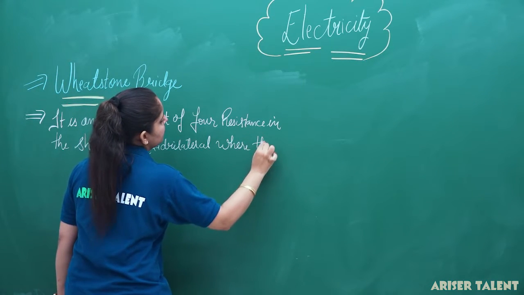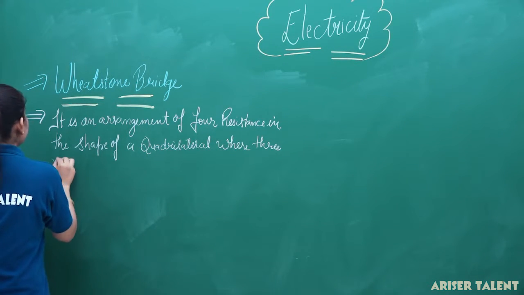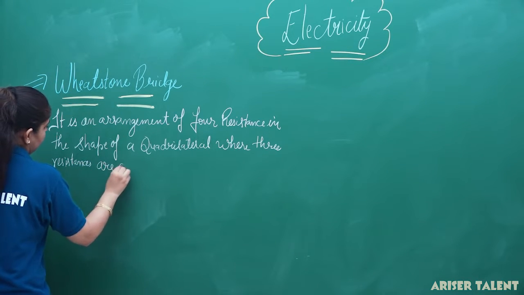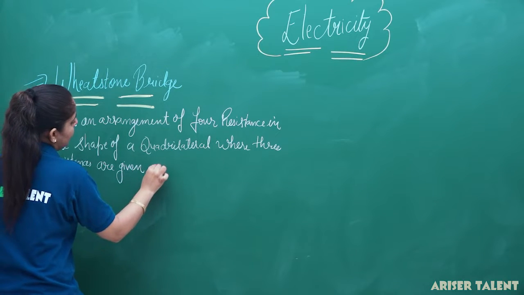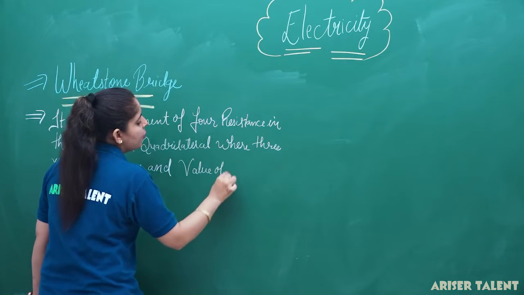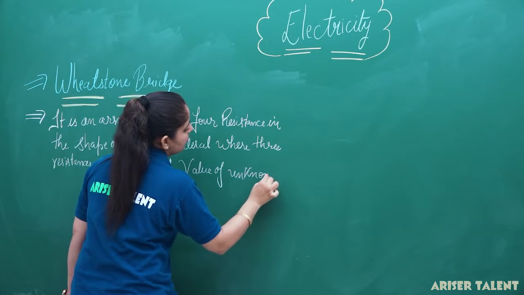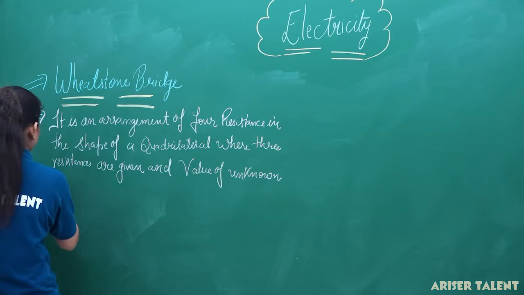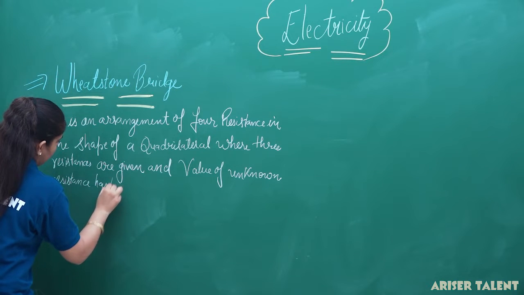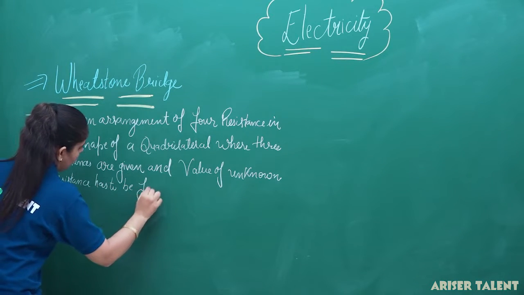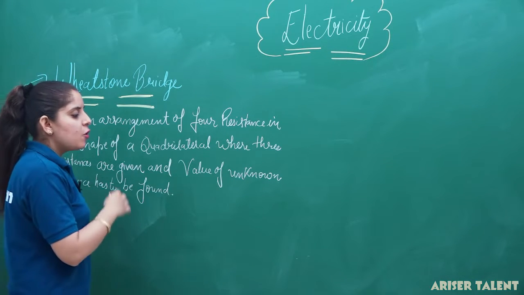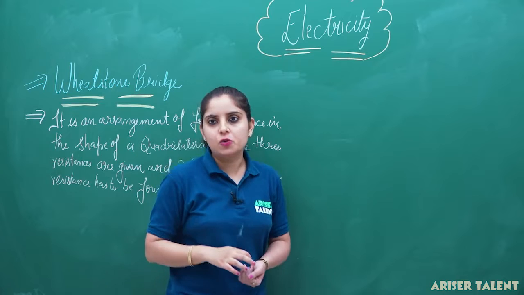Where 3 resistances are given and the value of the unknown resistance has to be found. So this is the definition of Wheatstone bridge, that is, what the Wheatstone bridge actually is.